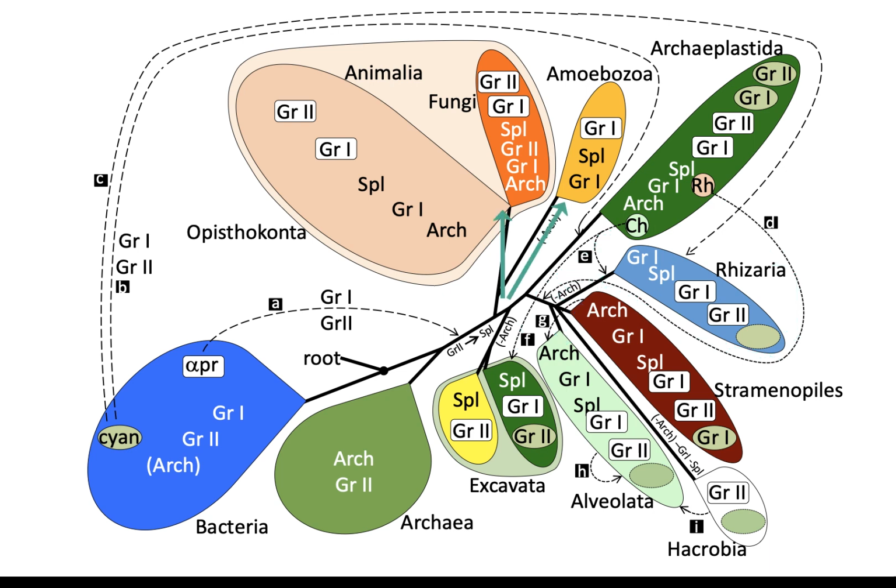Some of those have come directly from either bacterial cells or archaeal cells, and others exist within the organelle still. But certainly the movement and transfer of these introns has been extensive over a period of billions of years.